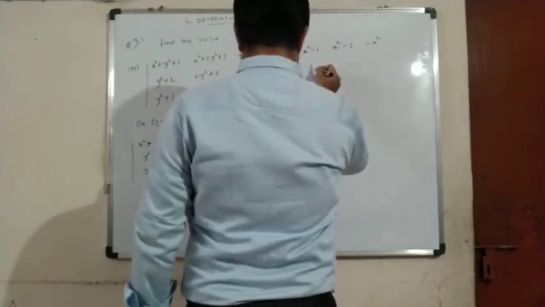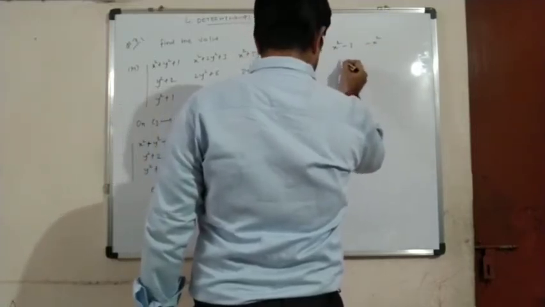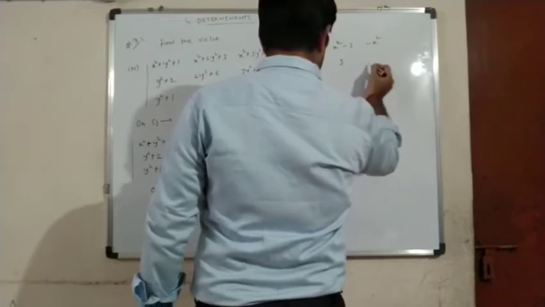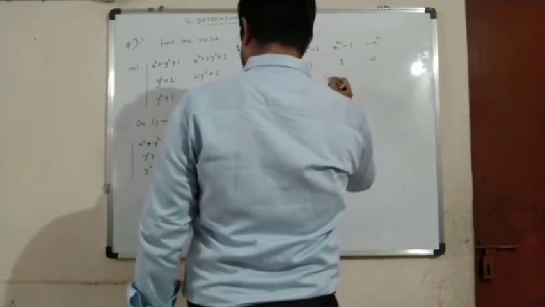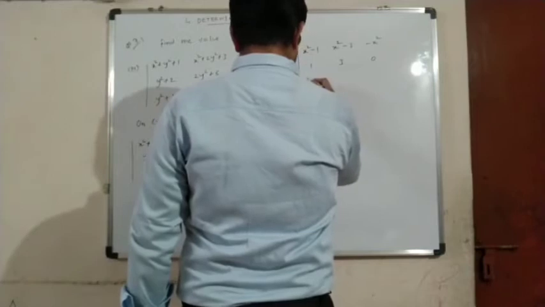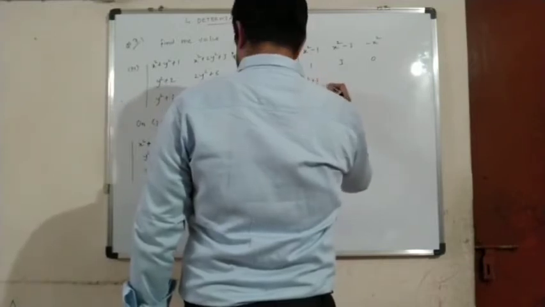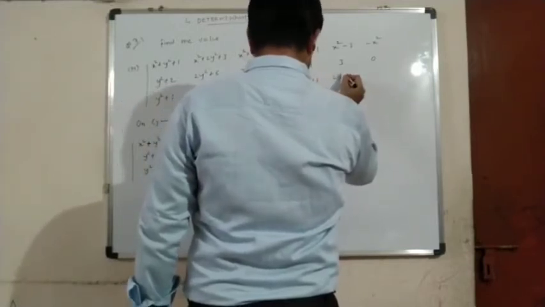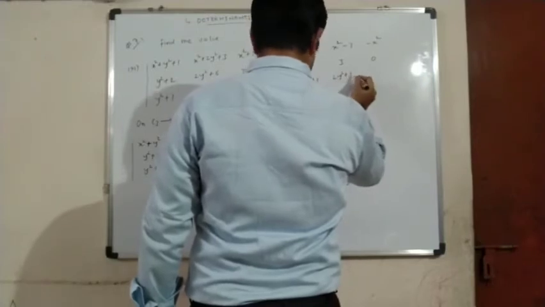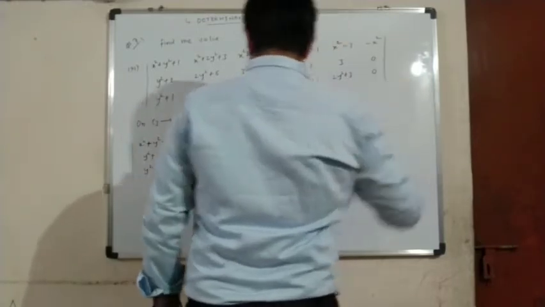Here 1, 2 minus 1, 6 minus 3, 3 and 0. Then we have y square plus 1, 2y square plus 3 and 0.